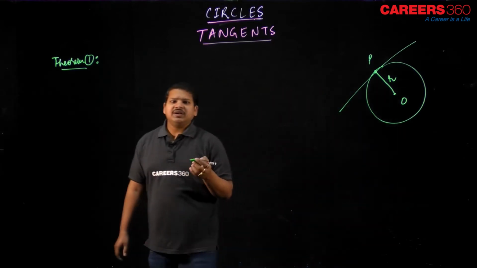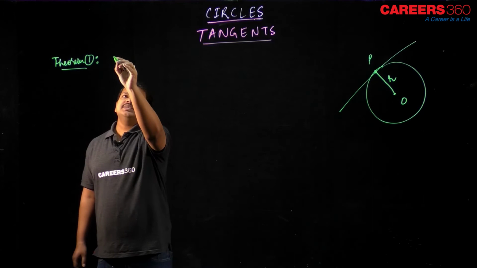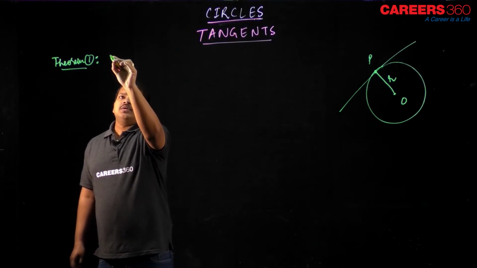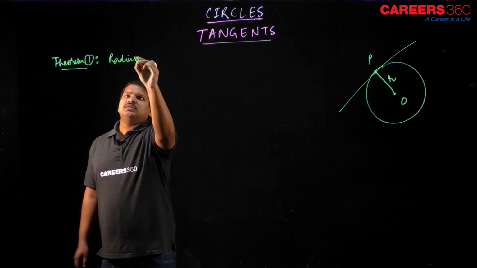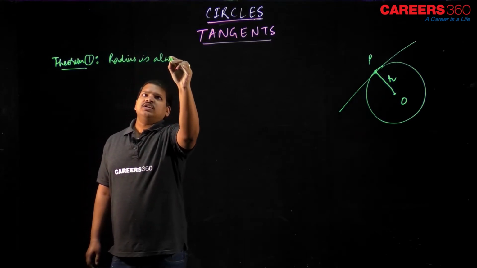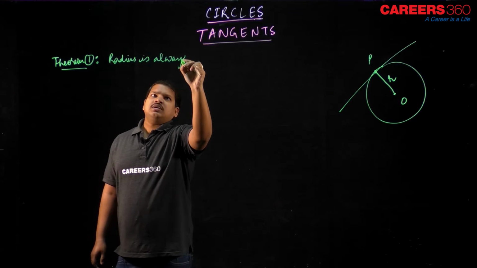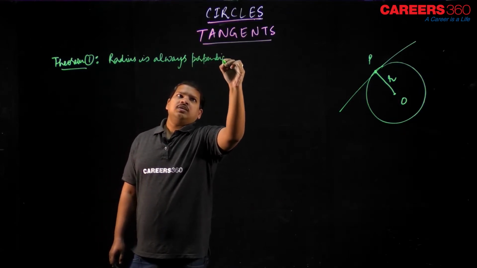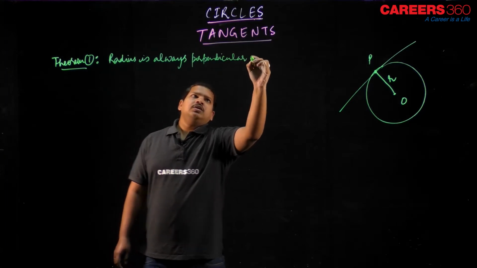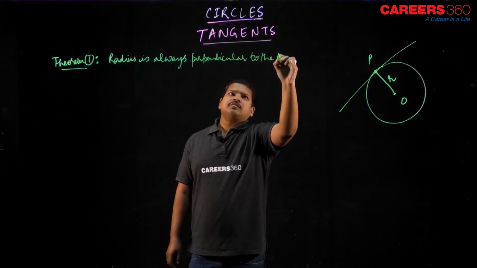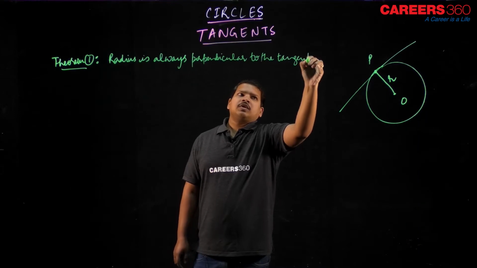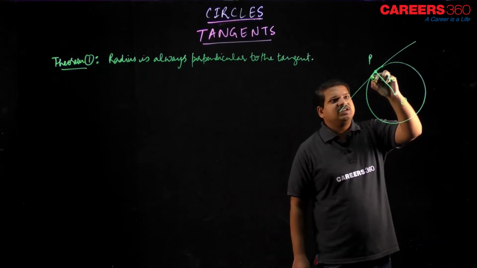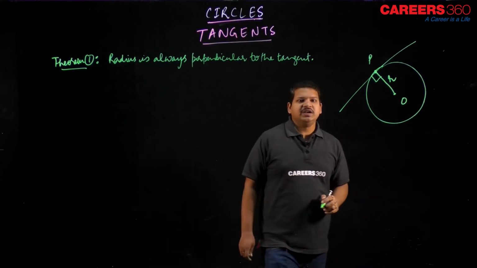Now the theorem is: radius is always perpendicular to the tangent. Radius is always perpendicular to the tangent.